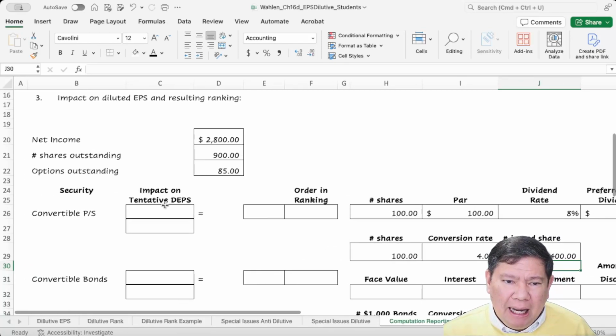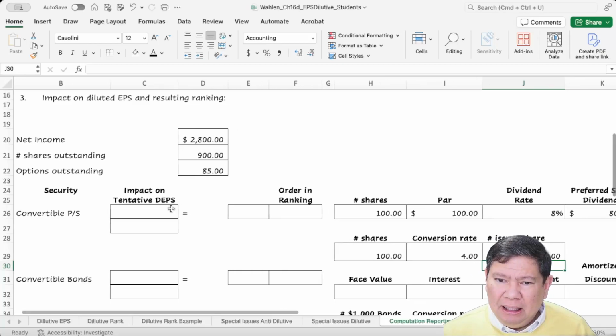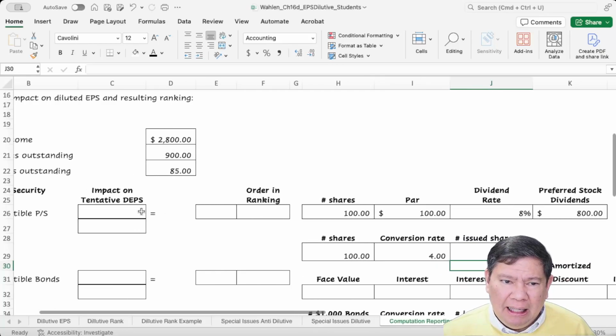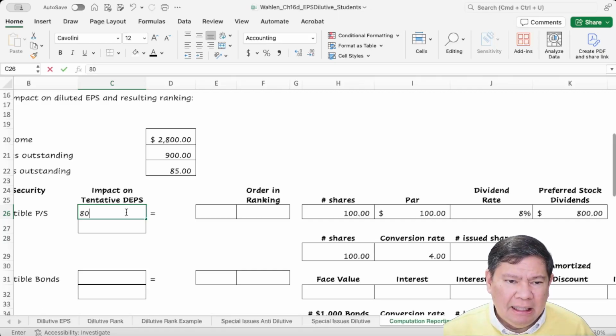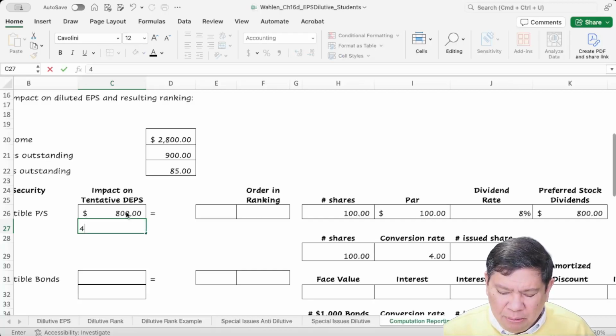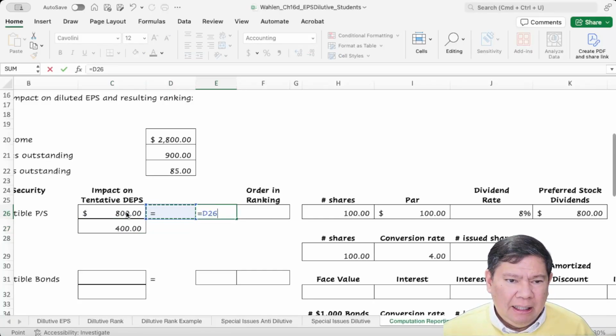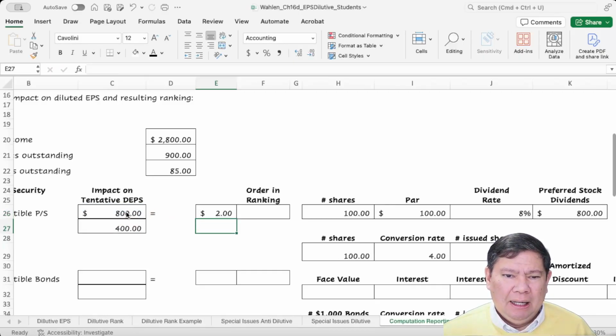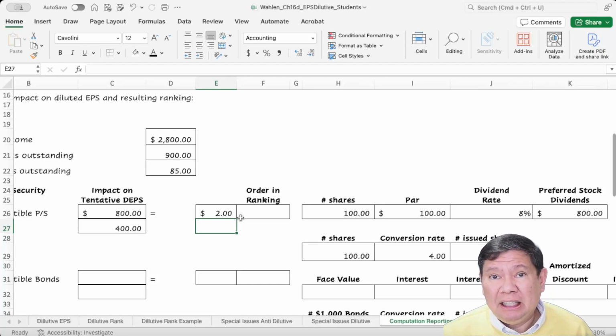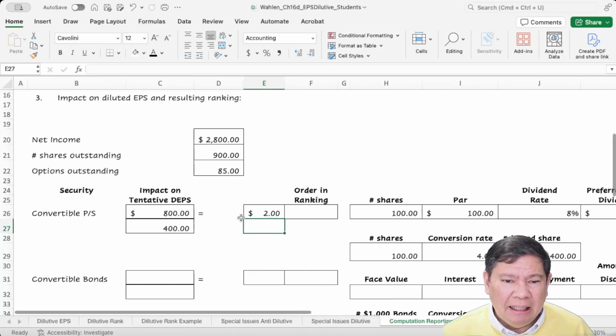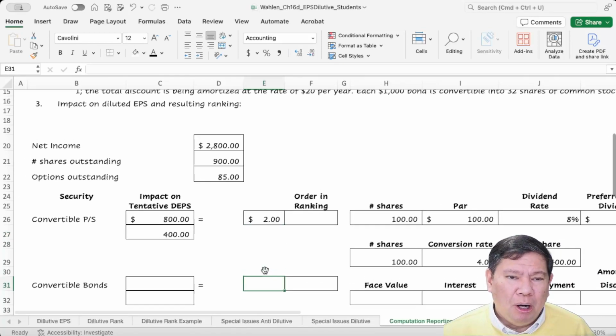So the impact on tentative diluted earnings per share is an increase in the numerator by 800 and an increase in the denominator by 400. So the result is 2. We don't know yet whether it's going to be dilutive or anti-dilutive, depending on the other security, which is bonds.